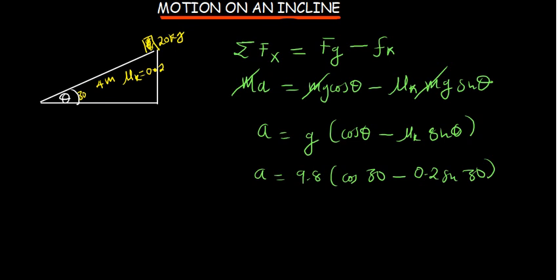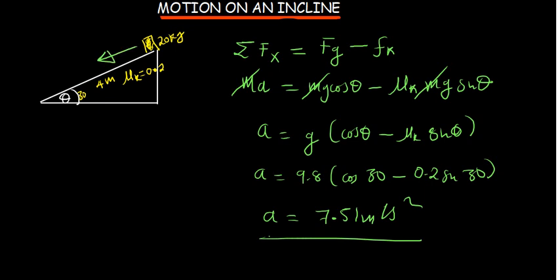It is about 0.766, and then I multiply the answer by 9.8. So the acceleration is going to be about 7.51 meters per second squared. Remember, this acceleration is going down, right? That is how we work this out.